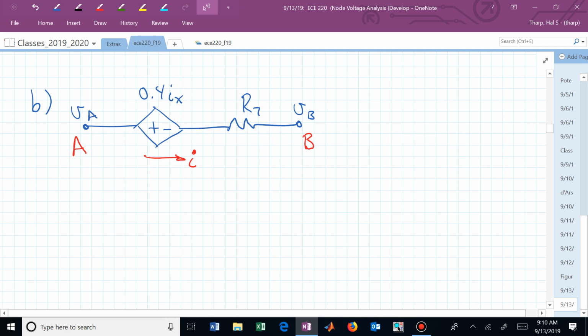Do you know I with that current source? I'm sorry, with that voltage source? Can you determine what's happening with I based on that source?